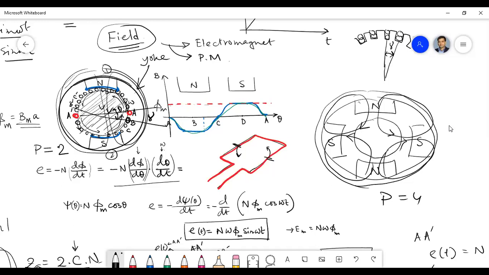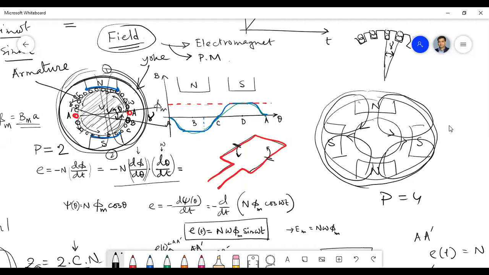Isn't it? So the field can be an electromagnetic field or a permanent magnetic field. And the current carrying conductors is called the armature. This is called the armature of the machine. Okay, that means from an electrical point of view, any machine will have two major components.